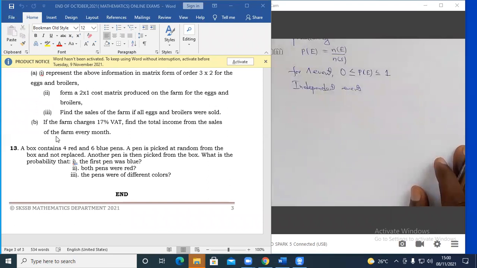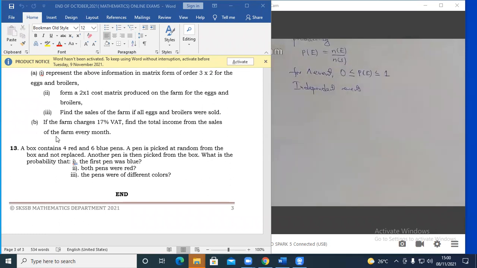What are some examples of independent events? The probability, or the chance, of Neha passing mathematics will not affect the chance of Krenema passing mathematics.